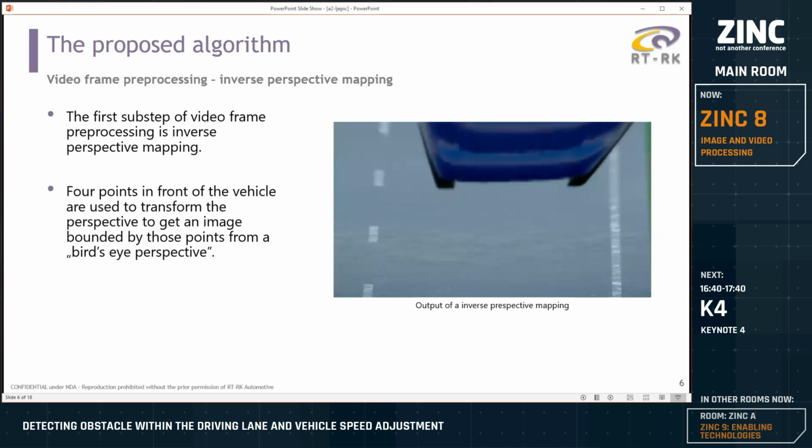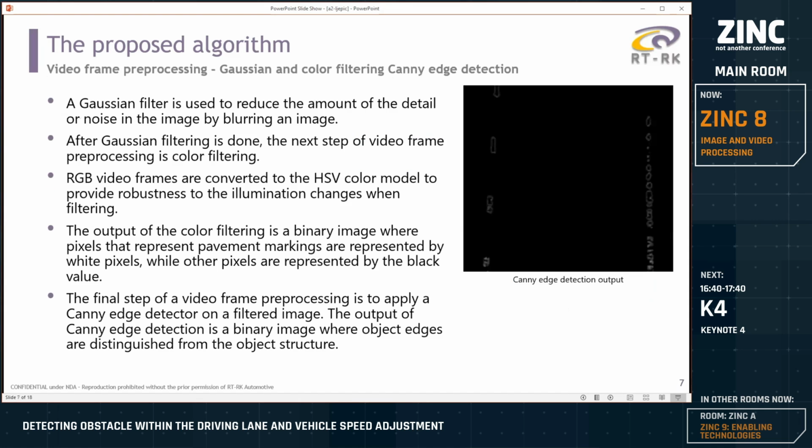Next step is video frame pre-processing, where the first sub-step is inverse perspective mapping. In this sub-step, we define 4 points which will be used as points that border the perspective mapped picture, where we get a so-called bird's eye perspective, and we reduce the amount of background noise.